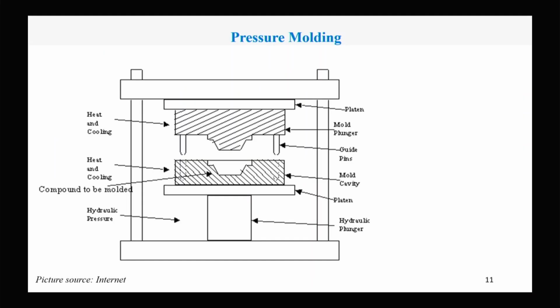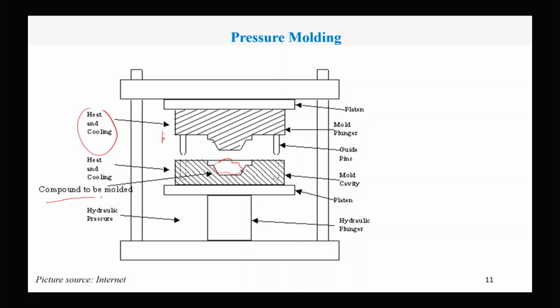Then pressure molding, which is again called compression molding. Okay, and here we have a mold, and the material is to be molded. It's placed in between the two molds. This is the mold cavity here, and the top mold, with a heating and cooling system also there, and in between the material is placed.